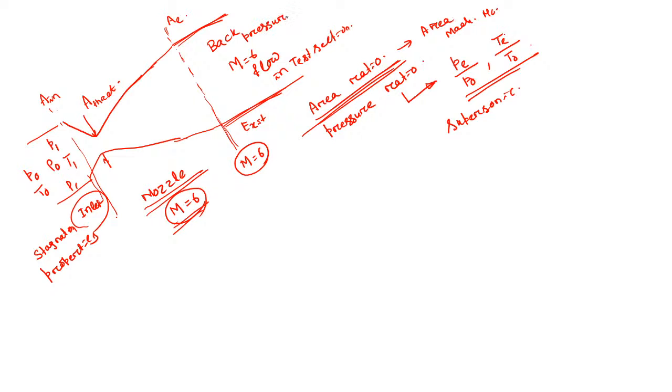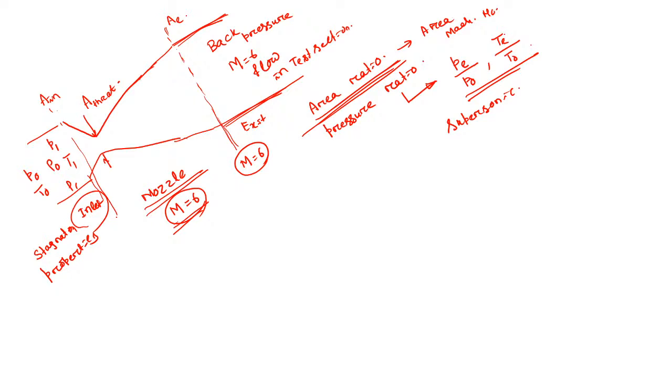Back pressure mechanism means the exit is attached to some kind of vacuum pump, where we take out the pressure and it gets reduced so that we can have a desired Mach number.